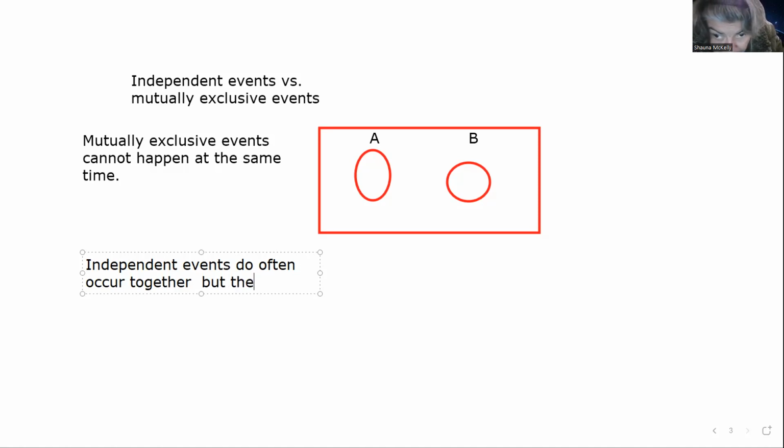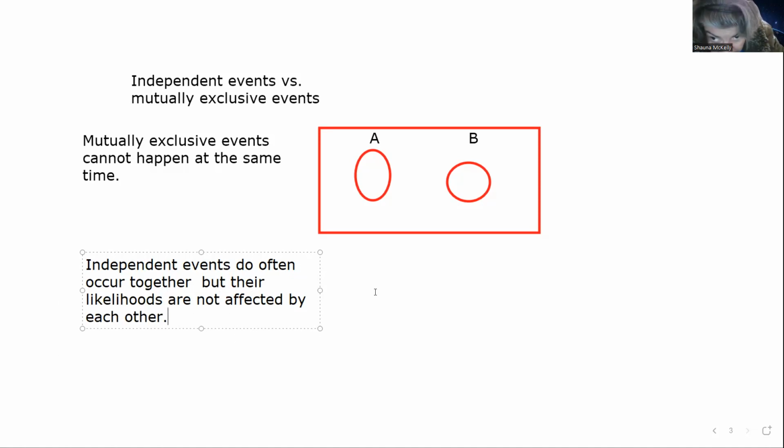their likelihoods are not affected by each other. Now, here's an example, okay? Consider this example.